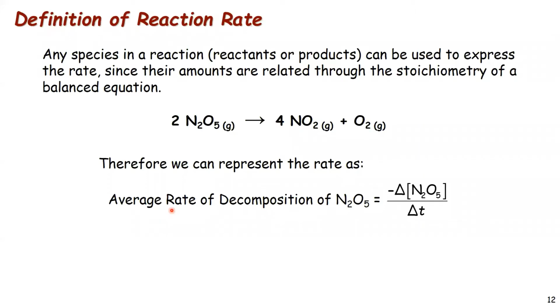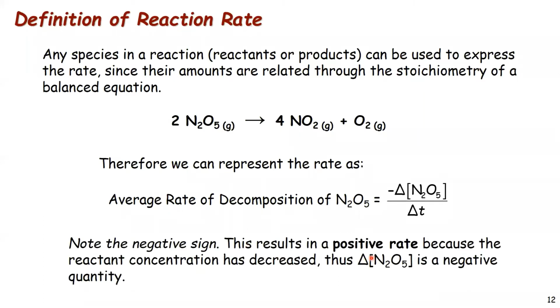Let me say that again. Rates are always positive values. But I know that this difference is going to be negative since I'm losing my reactants. So when you're looking at the average rate of the loss of your reactants, you have to put a negative sign in there because the rate always has to be positive. Okay? So again, always positive. That's why we got to put a negative sign there.